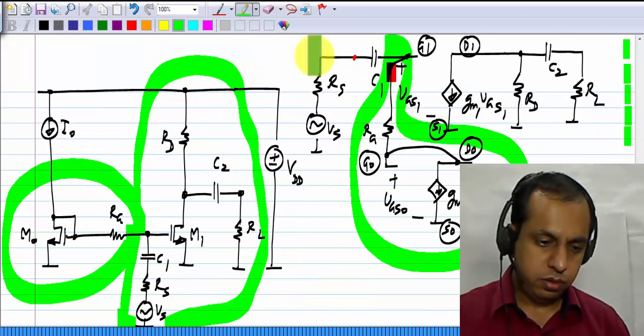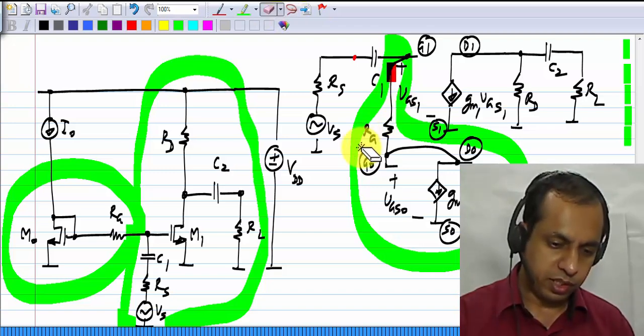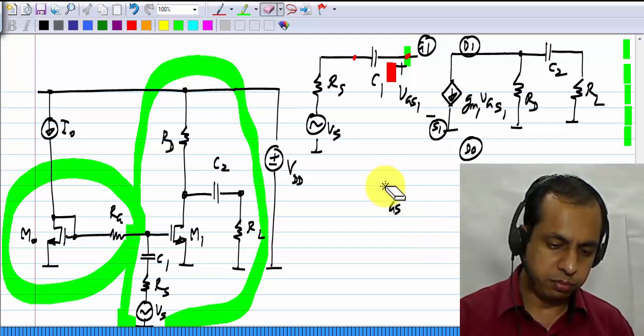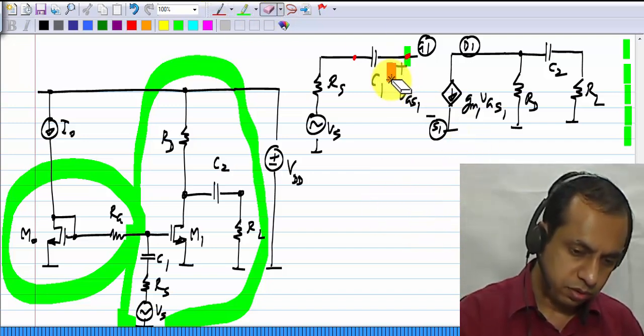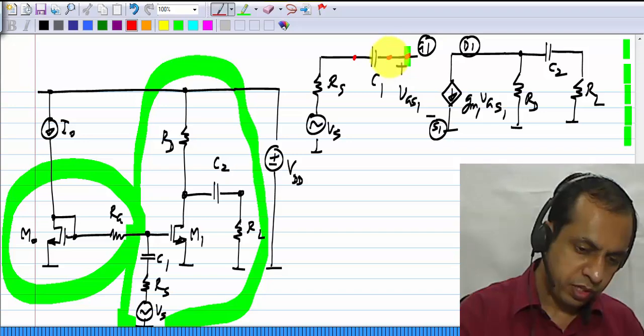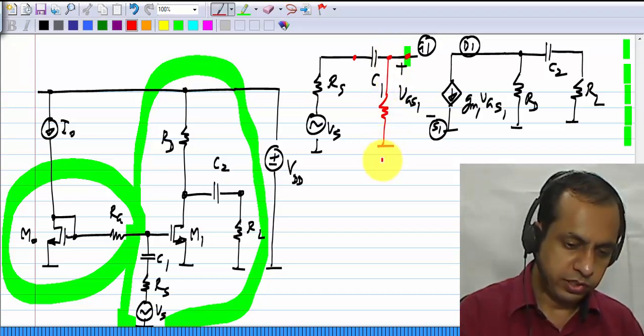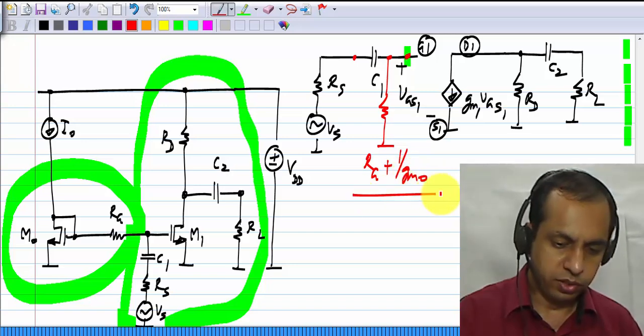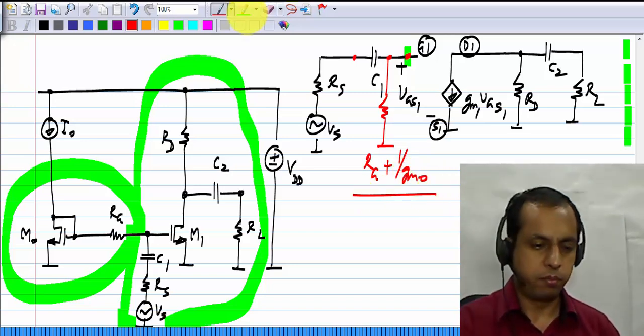So now we can replace this entire thing here, the part due to RG and M0, with a single resistor whose value is RG plus 1 by GM0.